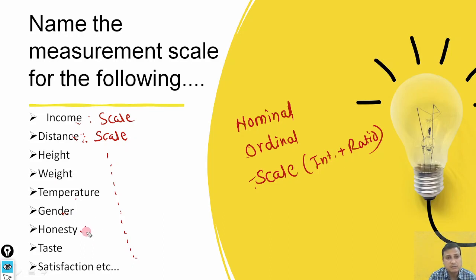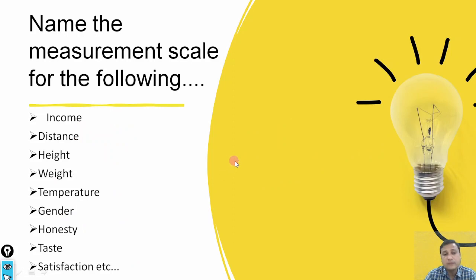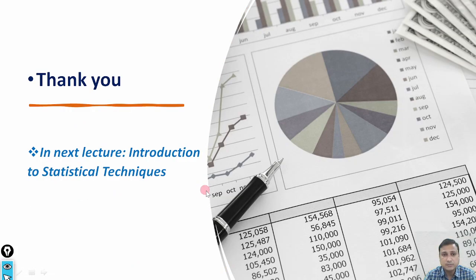Likewise, if you have variables with you, you should be able to identify what type of variable it is and what the measurement scale of that variable is. If you are able to, then we can go forward with the statistical treatment.